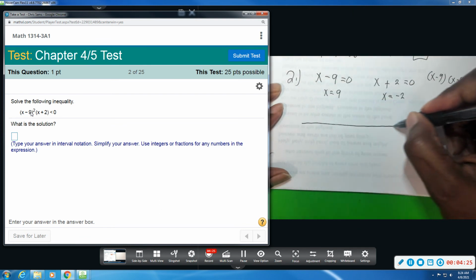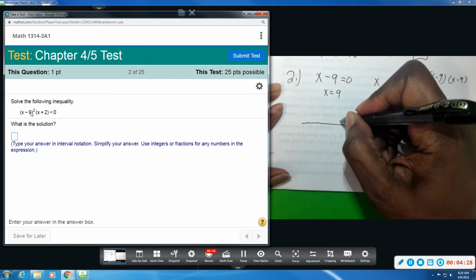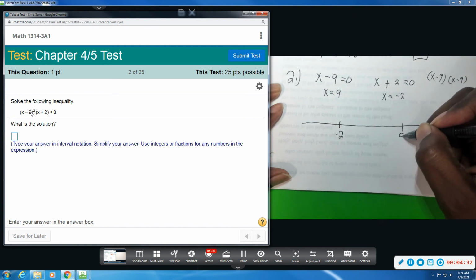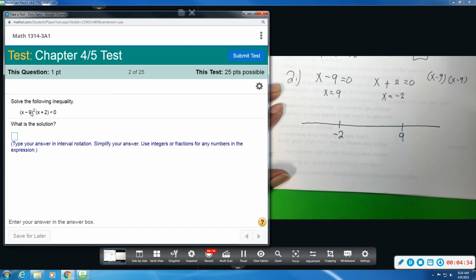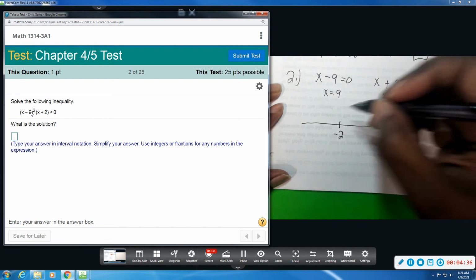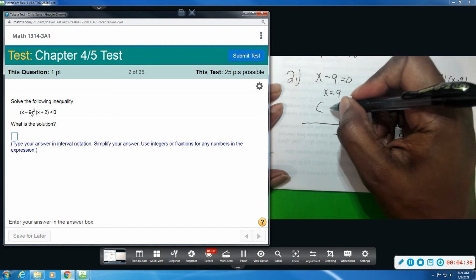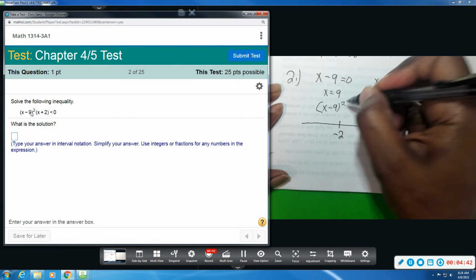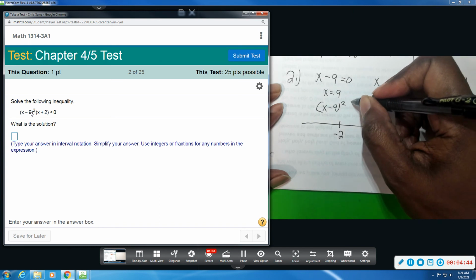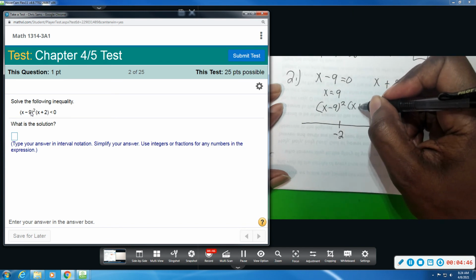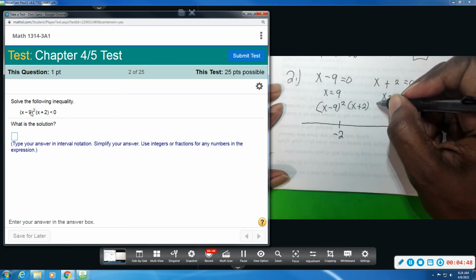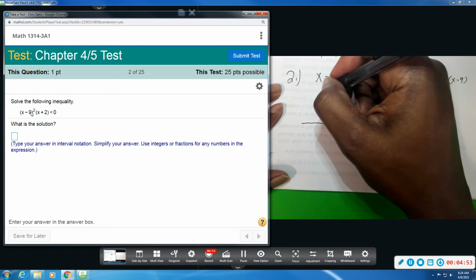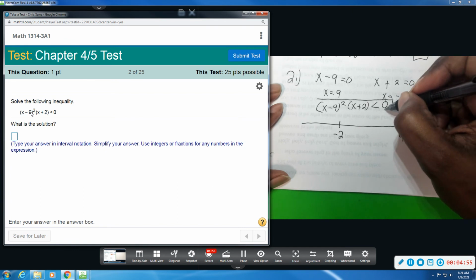I'm going to put those two values on there, negative 2 and positive 9. And then we're going to be using the full problem, x minus 9 squared and x plus 2, and we're trying to find out values that are less than 0. So I'm focused on this part now.